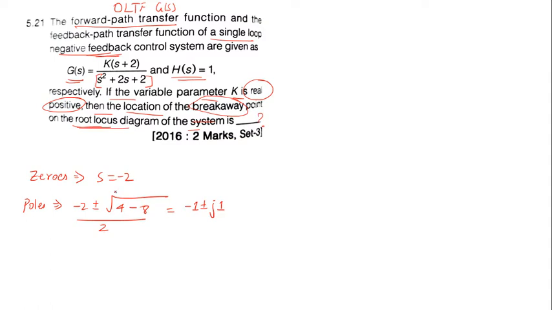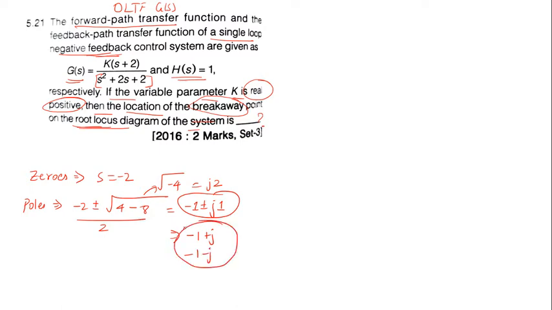Root under -4 becomes j times 2, so this 2 and this 2 get cancelled. The two poles are -1 plus j and -1 minus j.